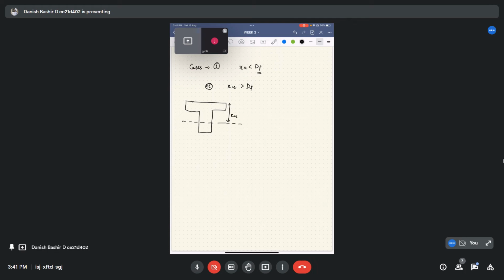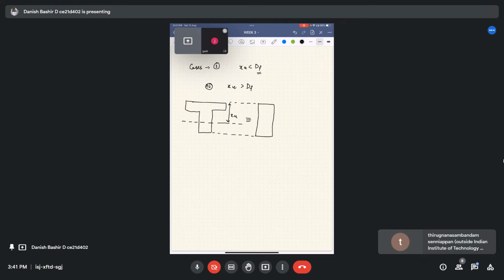Now can we split this T section like this? We can split it like the whole section from this. This is this rectangular section.